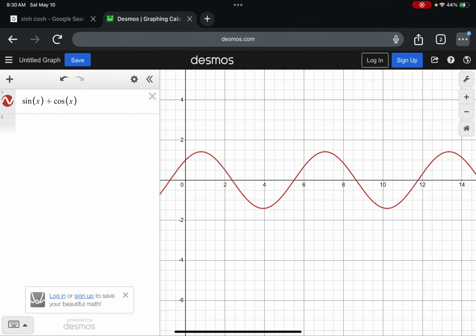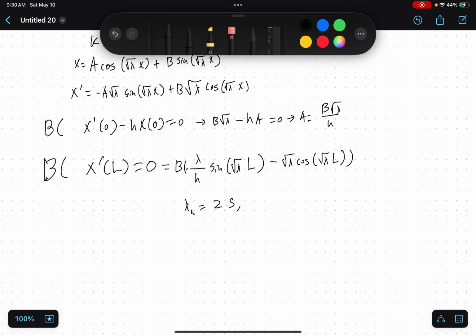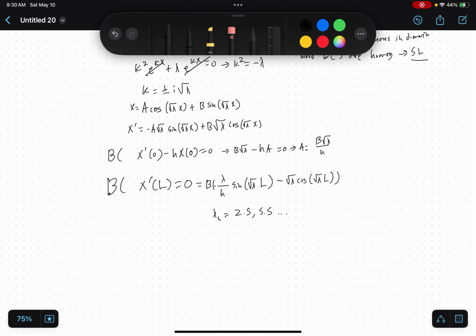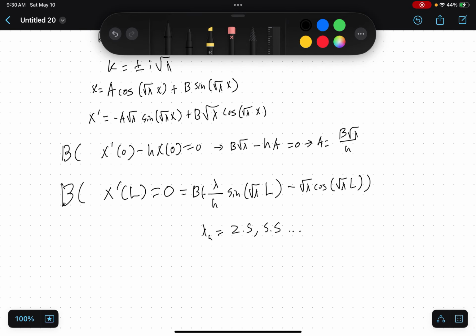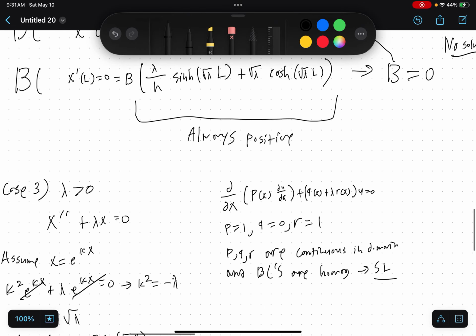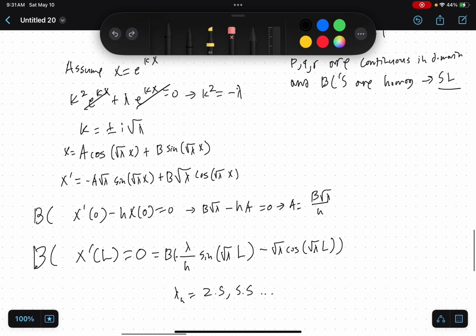Like 2.5, 5.5, and so on. So there's an infinite number of lambdas where this solution is valid. And Sturm-Liouville is basically this. You find an infinite number of lambdas where a solution is valid. And again, you can only do that if your initial differential equation matches that form, or can be written with that form.